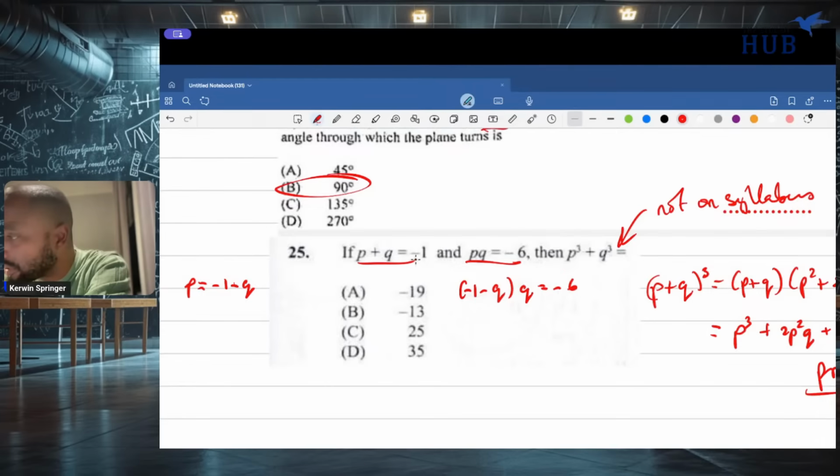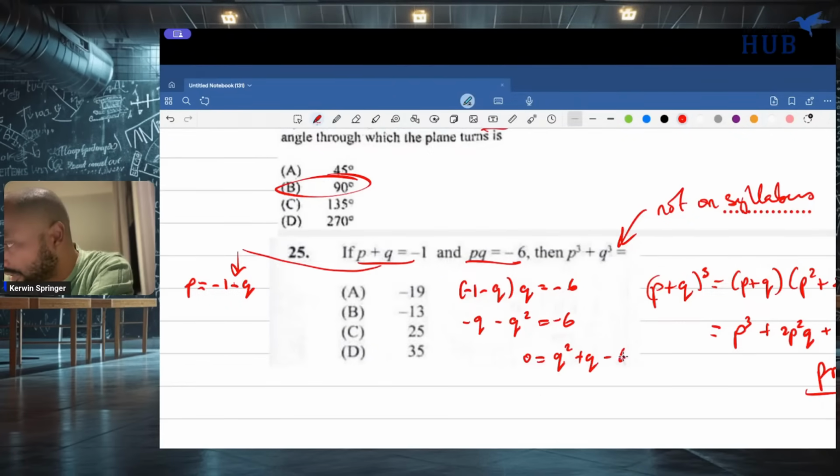P plus Q is equal to -1. From this, P is equal to -1 minus Q. So PQ, am I substituting for P? Yes, -1 minus Q. So I'll get -Q minus Q squared is equal to -6. So this will be 0 is equal to Q squared plus Q minus 6.